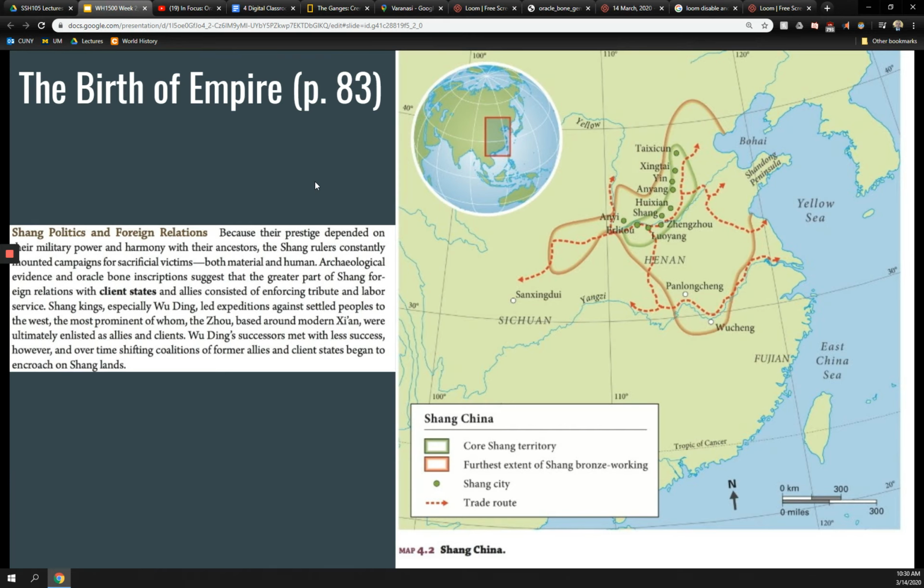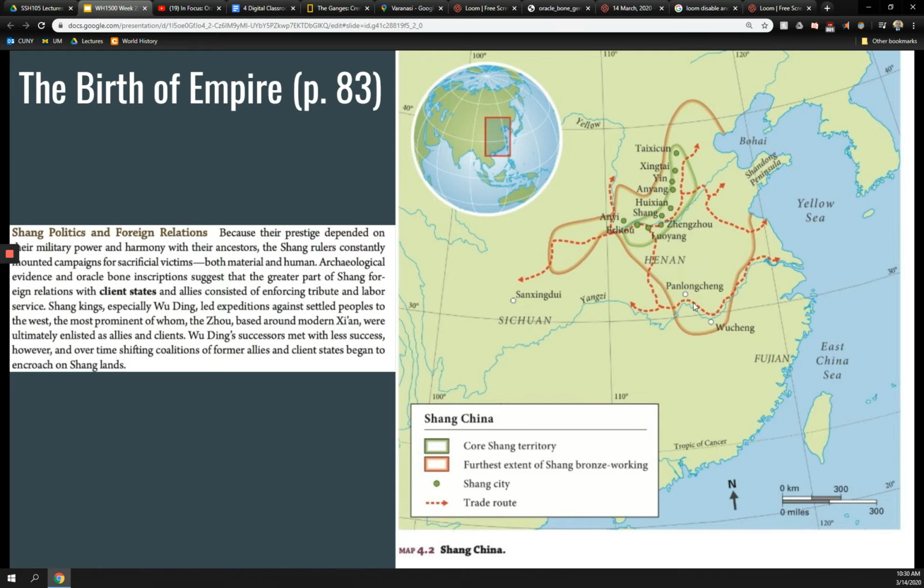So the Shang dynasty represents in part the birth of empire. As I said earlier, we see trade routes, core territories, and then extended territories outside of that core. The core territory in this case is this green, kind of oblong area.